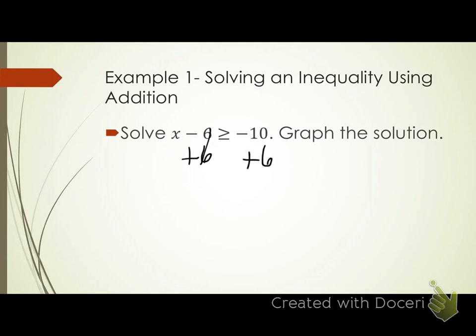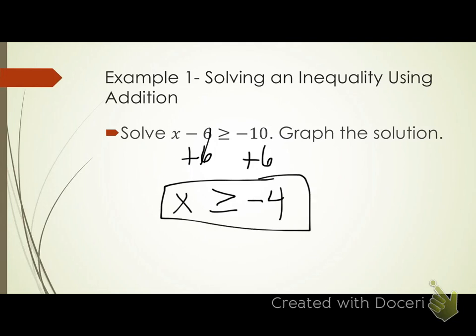To keep it an equivalent inequality, whatever I do to one side, I have to do to the other. What's negative 10 plus 6? Negative 4. Is x now by itself? Yes. Here's my solution. X is greater than or equal to negative 4.